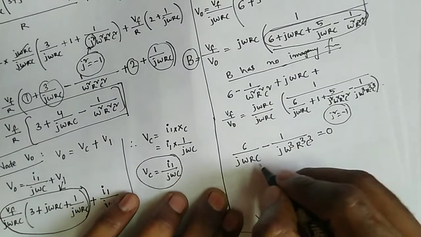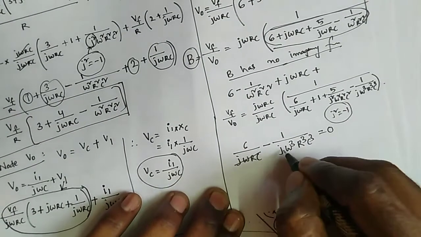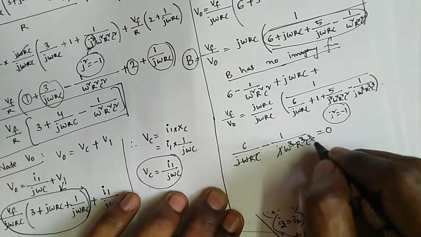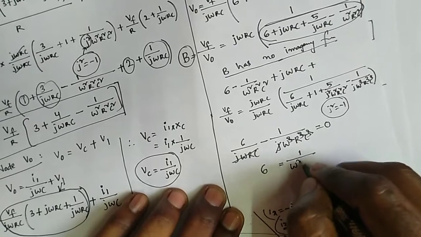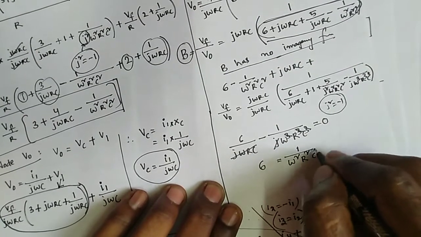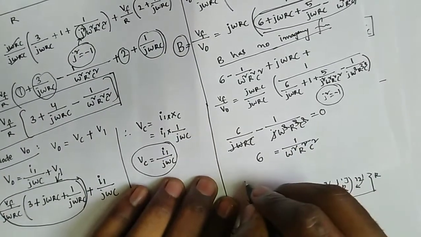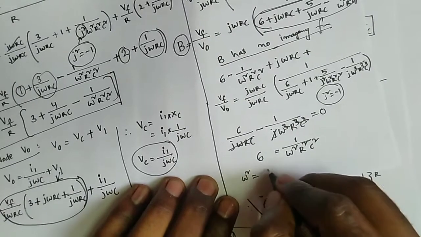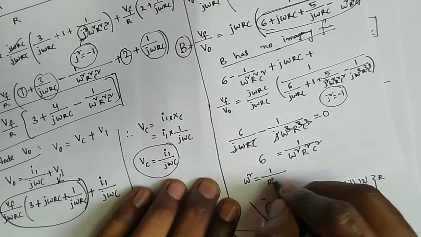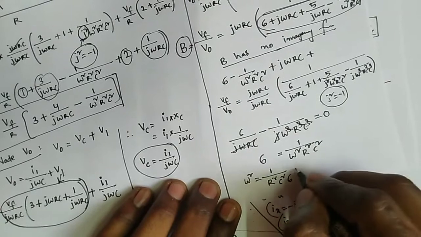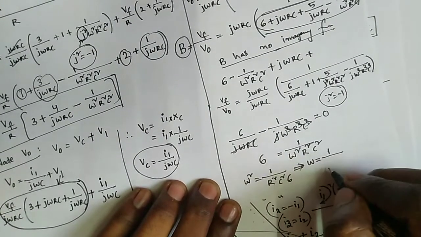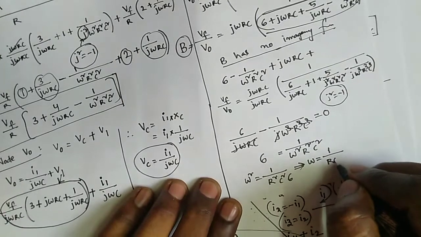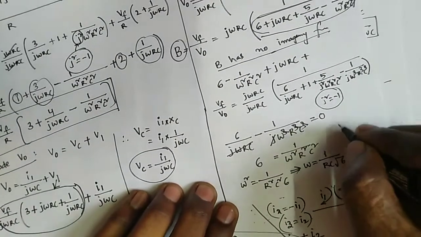From this function, taking out j omega RC, the final result is 6 is equal to 1 by omega square r square c square. Here omega square is equal to 1 by r square c square into 6. From this, omega is equal to 1 by RC root 6.